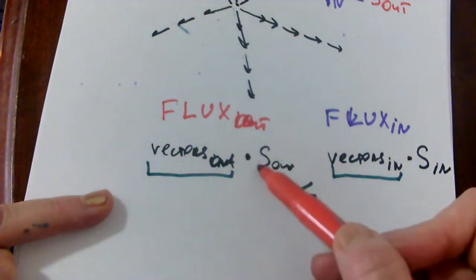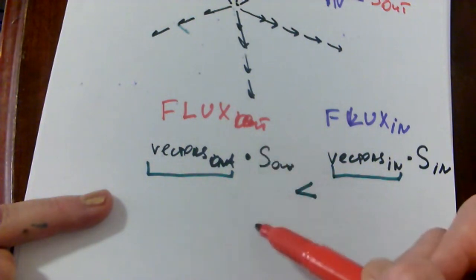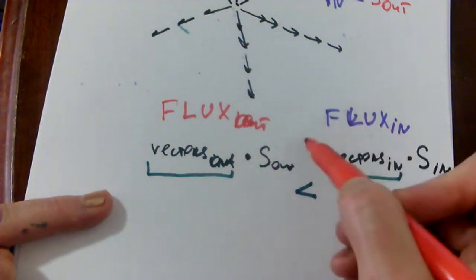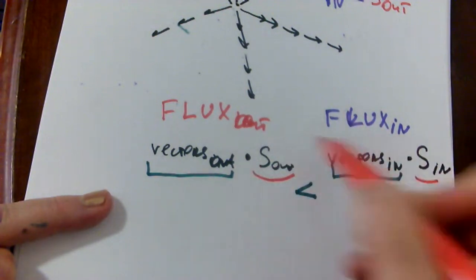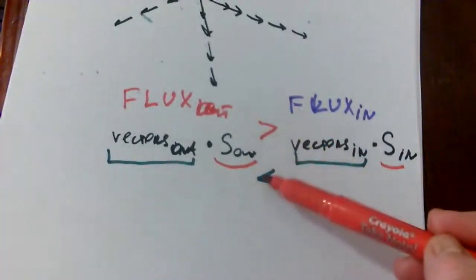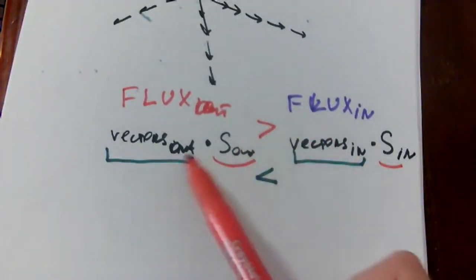Oh no, I made a mistake somewhere. Areas. So area out is definitely bigger. So areas are bigger, and there's no way of knowing which one wins.